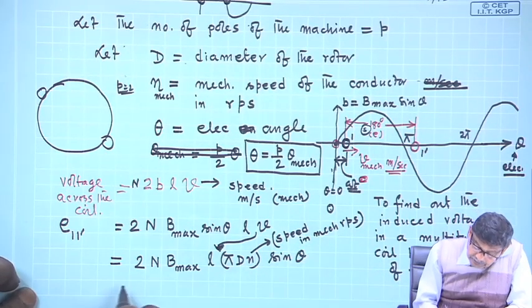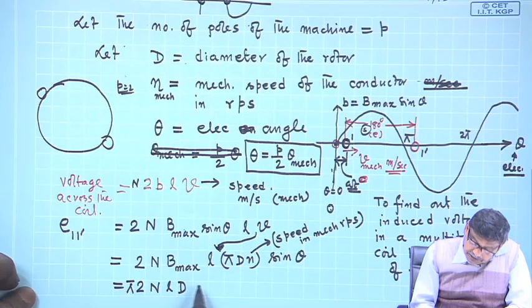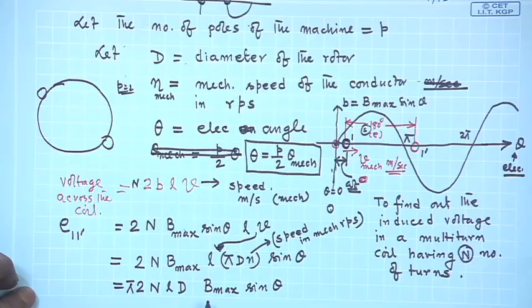So, let us bring all the constants: 2, n, L is constant, capital D is constant, pi is constant, B max sin theta, and then small n. All the terms I have taken. Okay. So, this is the velocity here.